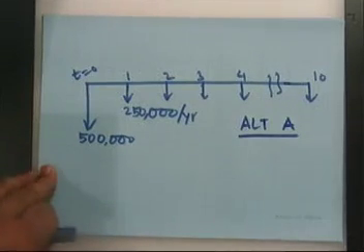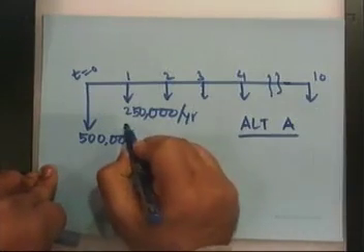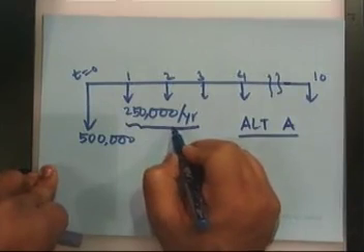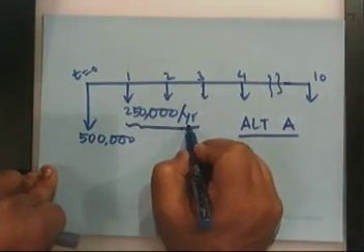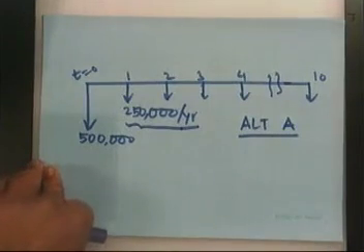Now, I want to find the annualized cost for this particular alternative. You may notice that these are already in the form of annual cost: 250,000 every year you have to spend, maybe towards operation and maintenance.